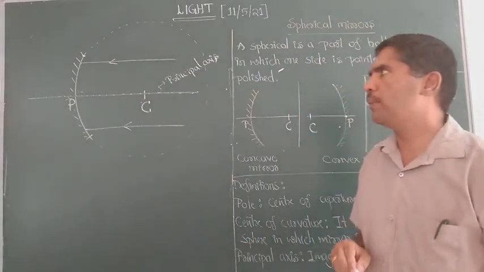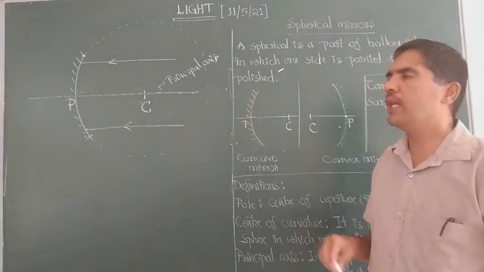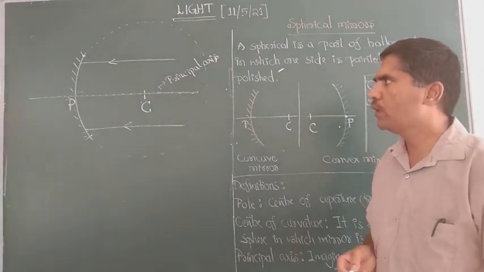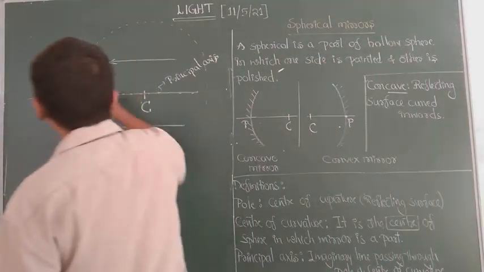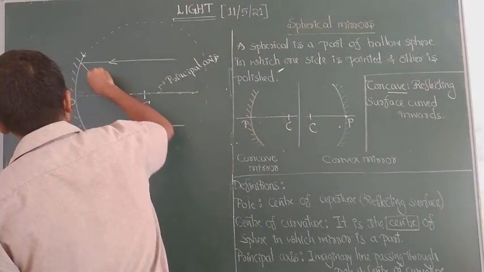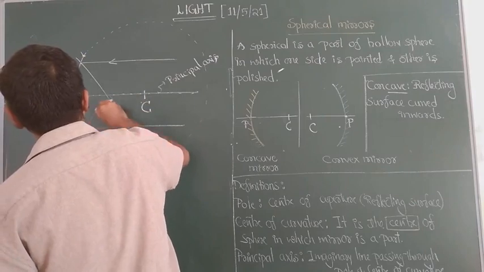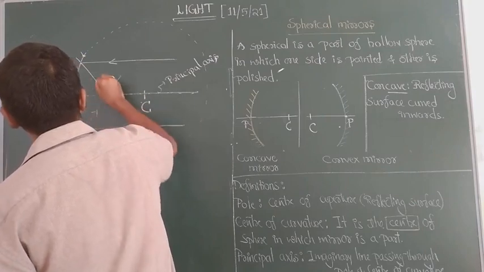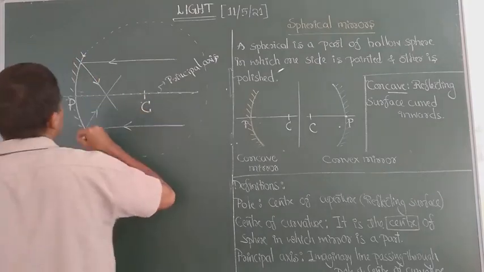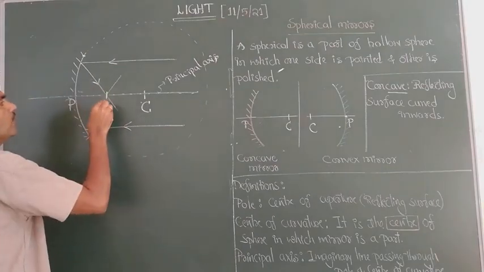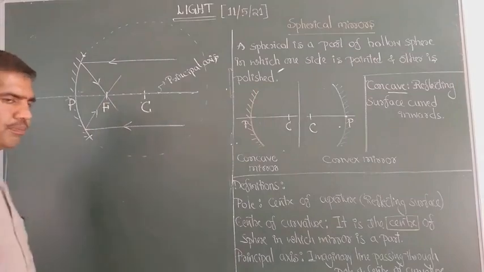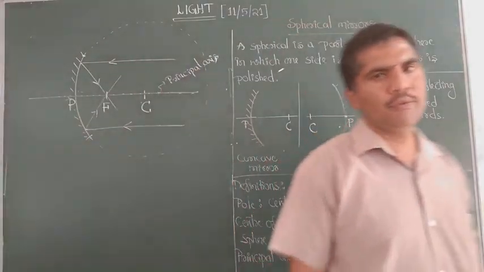Those light rays which are parallel to principal axis, they get reflected. So after getting reflection, they bounce back, they come out of the mirror. And they will meet at a point on the principal axis. That is called focus. So what is focus?